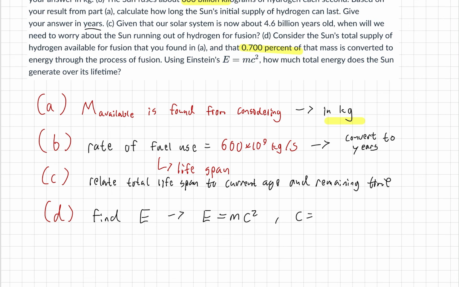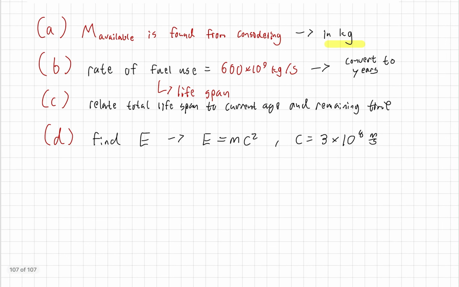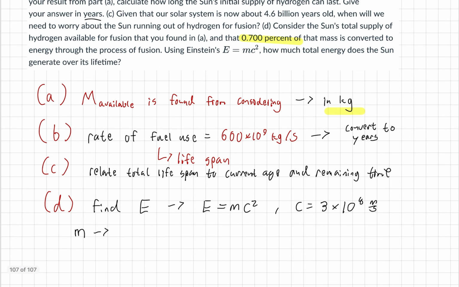C is just the speed of light, so it's just 3 times 10 to the 8 meters per second. Don't forget to square it. M is the only thing you have to put some work into. M is going to be not the available mass, but 0.7% of the available mass. Don't forget to convert to a decimal. The available mass is your answer from part A, when it was in kilograms.